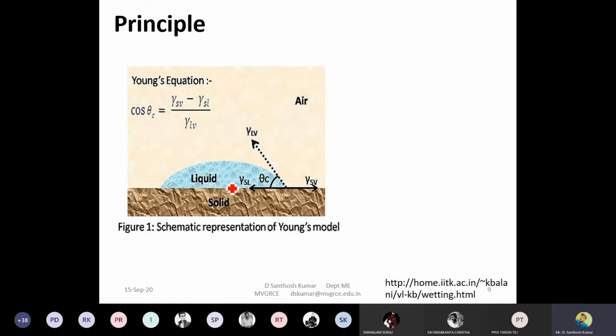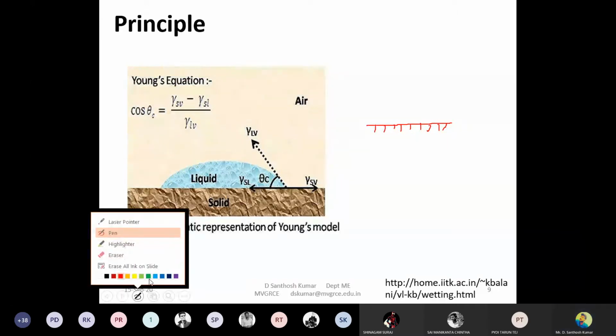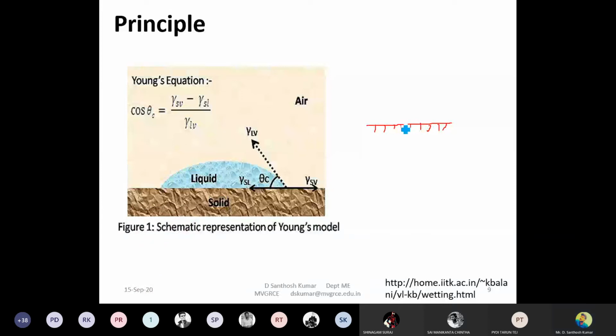So here, let us say we have a solid surface. Consider a solid surface like this. So this is your solid surface, and I would like to put a liquid over this particular surface.